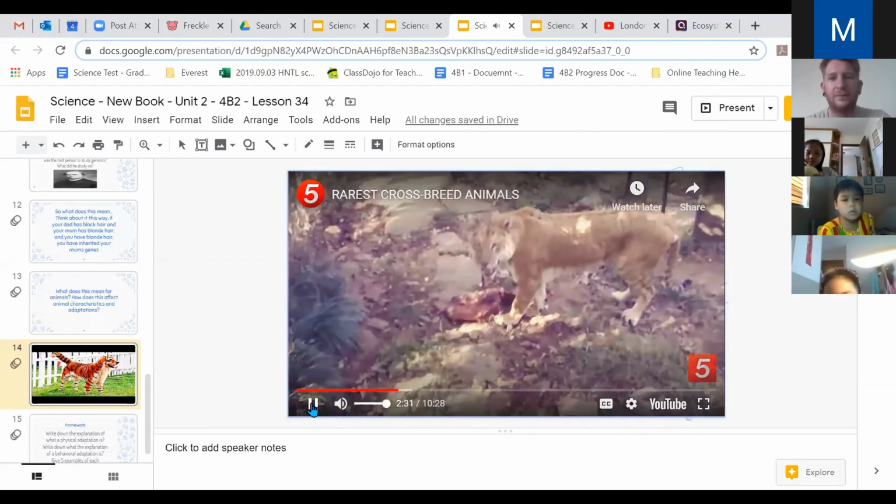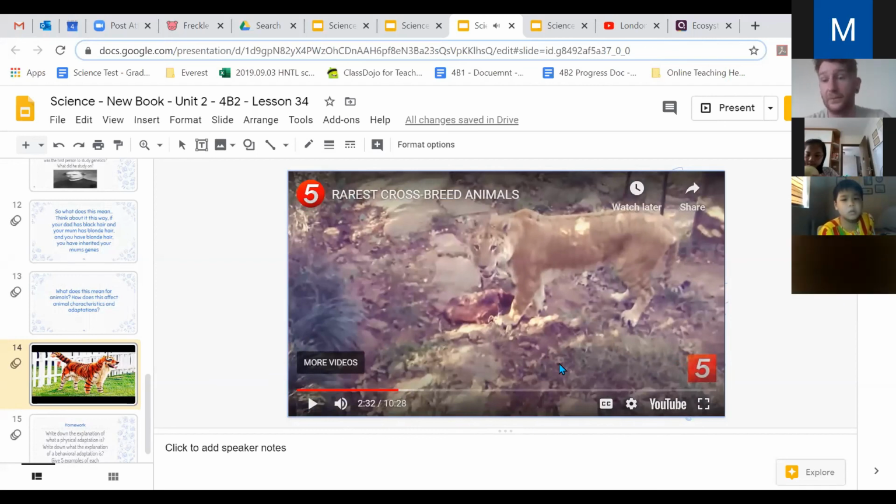So there we go. This is a liger. It's half a tiger, half a lion. So what happens is you can see it's got tiger stripes, but it's got the shape of a lion. That is a really, really easy way to understand genetics.